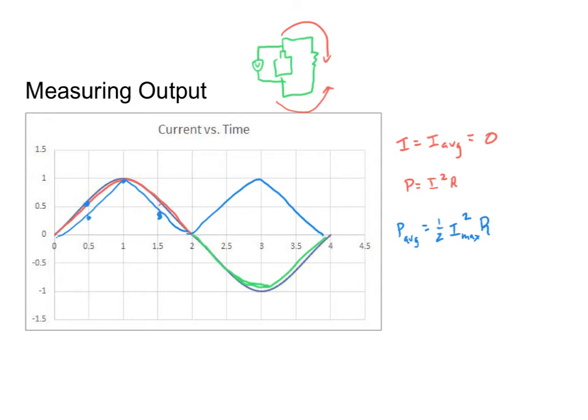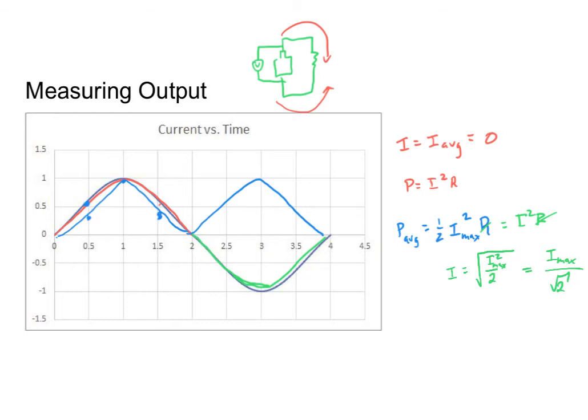And I know that if I were to have a DC current that provided the same power, then that would be equal to I squared times R. So our R's are going to cancel, and what I'll get is that the current that the DC supply would have is equal to the square root of I max squared over 2, or I max divided by the square root of 2.